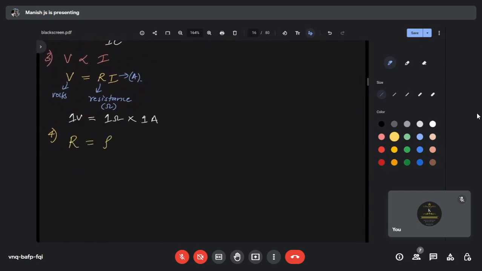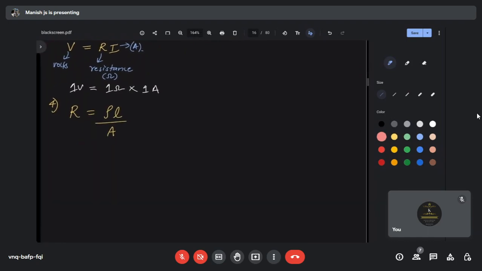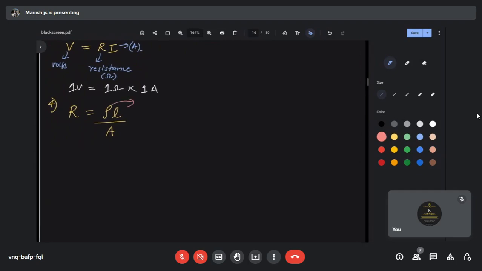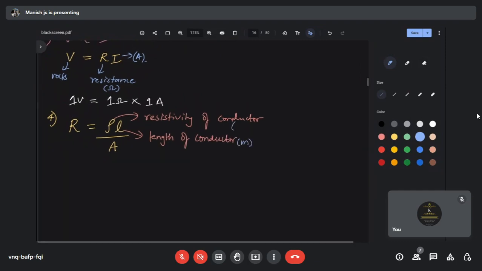R is equal to rho L divided by A, where rho is called resistivity of a conductor, and L is length of conductor. Length is usually in meters, and resistivity is in ohm meter. So these are the units.